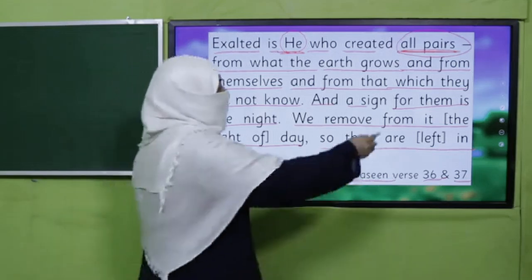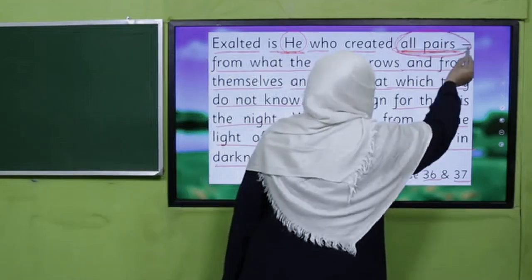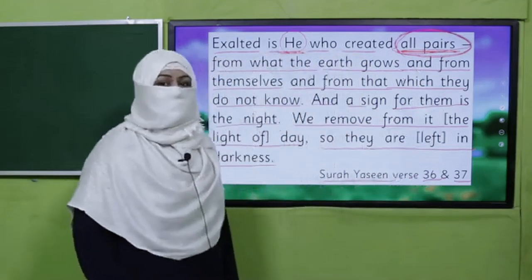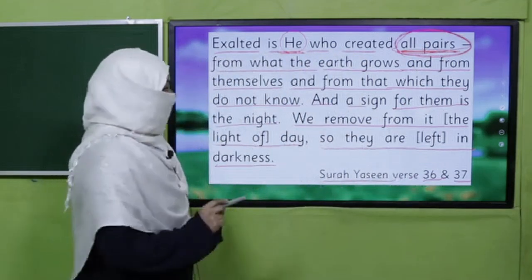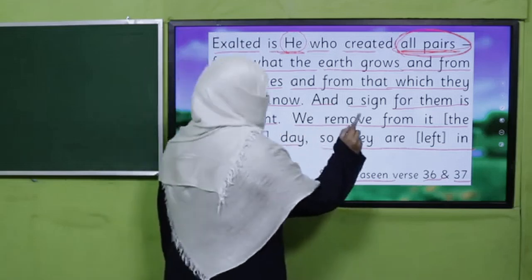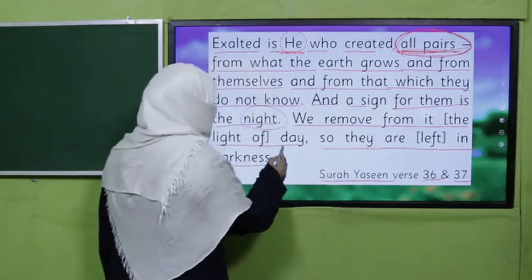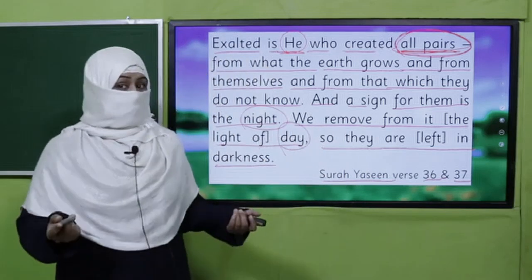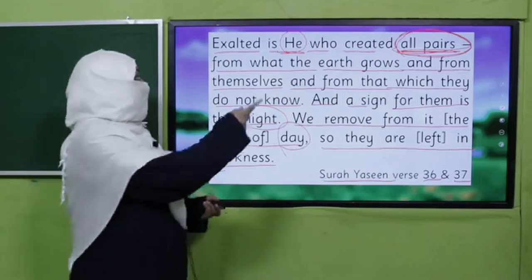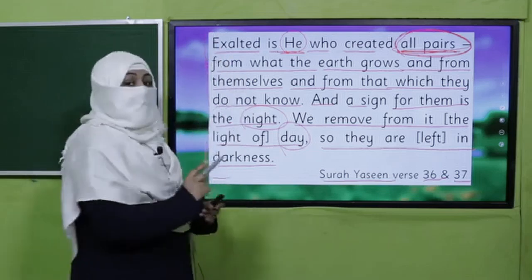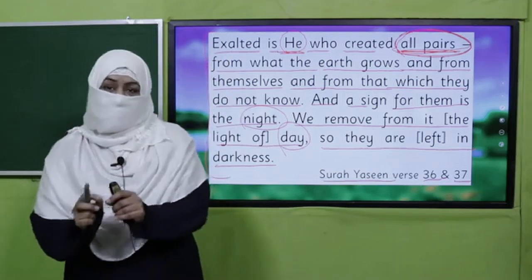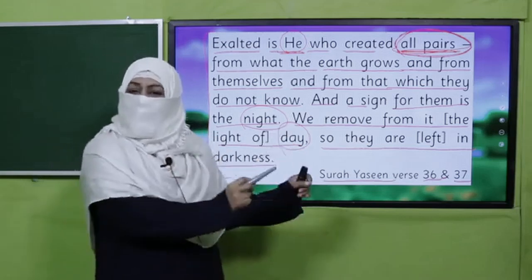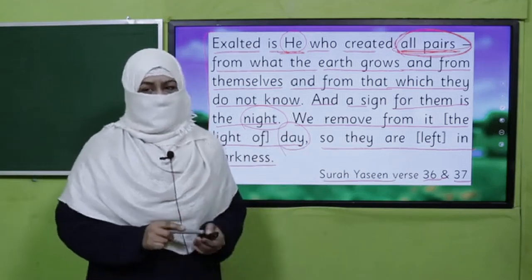So Allah subhanahu wa ta'ala created many creatures in pairs. And here a sign for them is night, day. These are neuter genders. So in these two words, Allah subhanahu wa ta'ala is giving us the concept of masculine, feminine, and neuter gender of nouns. This is our today's topic.